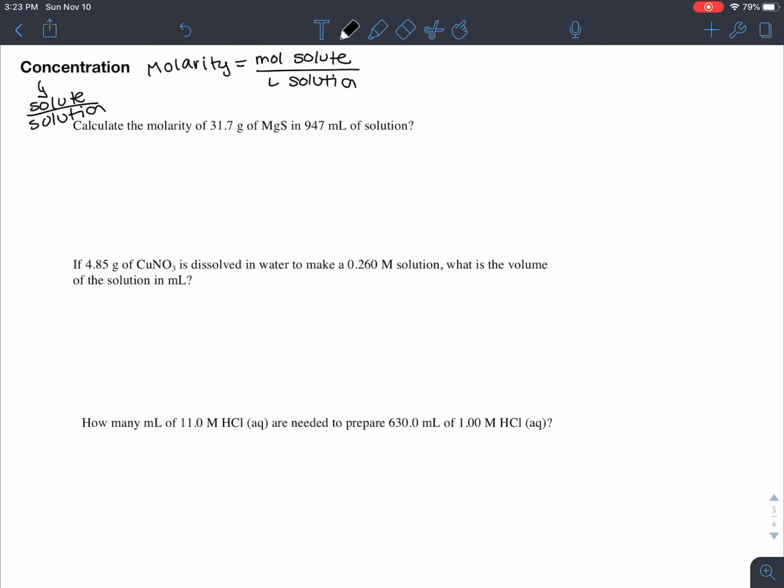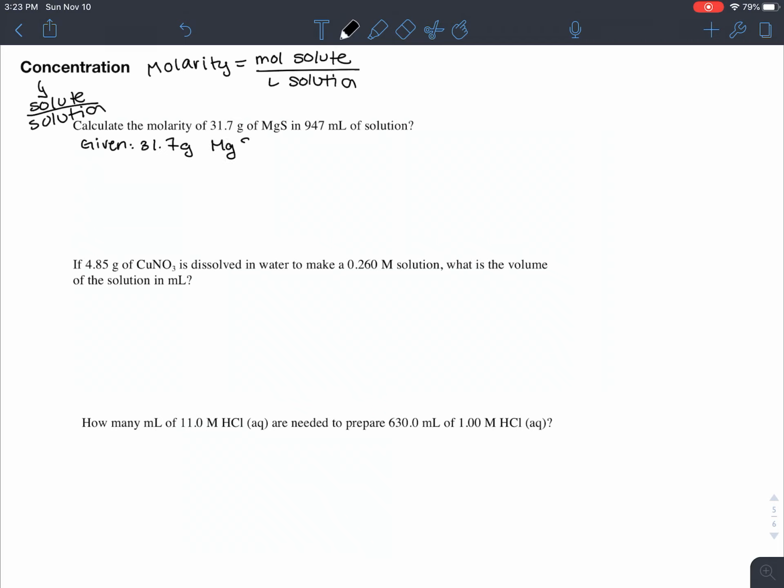Calculate the molarity of 31.7 grams of magnesium sulfide in 947 milliliters. So we're given grams of magnesium sulfide, and we want the molarity, so we want the concentration.